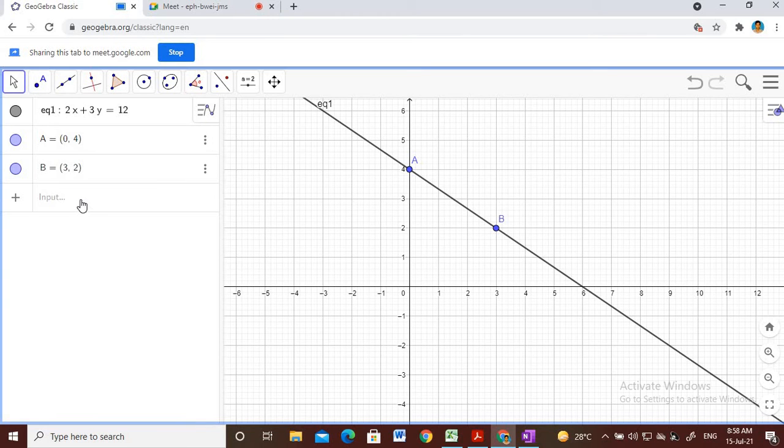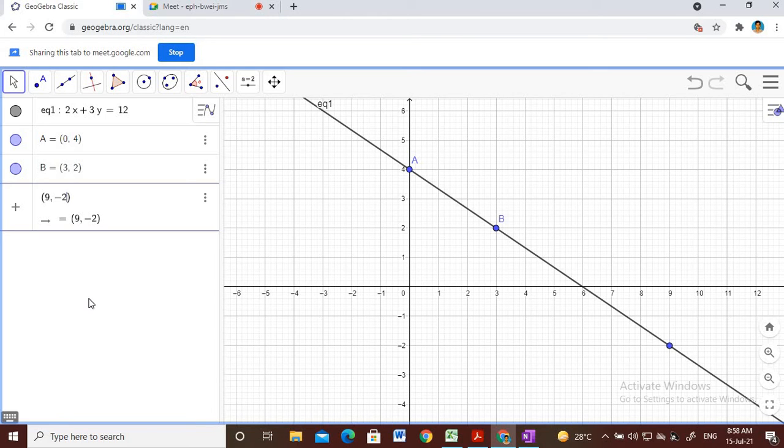You see here, when you type any point here, you can check whether the point is lying on the equation or not. You see, (9, -2) is also a solution of this equation. Those points are lying on this line, so all of them are solutions of this equation.